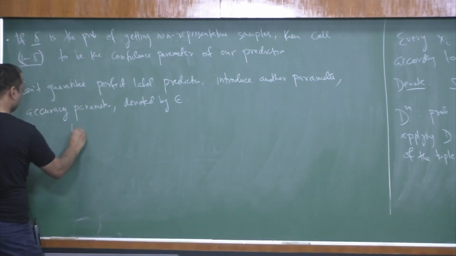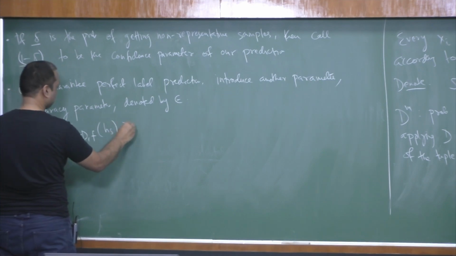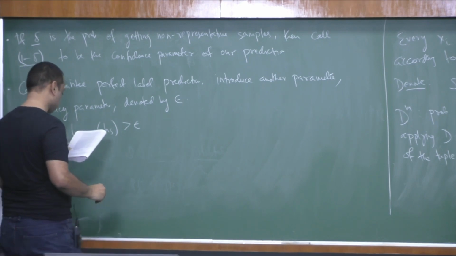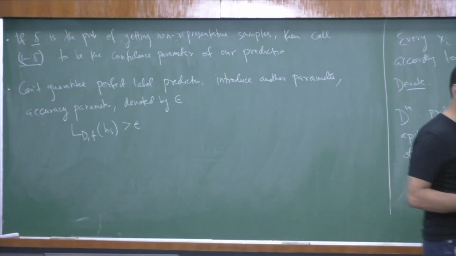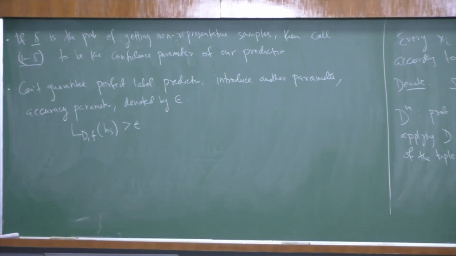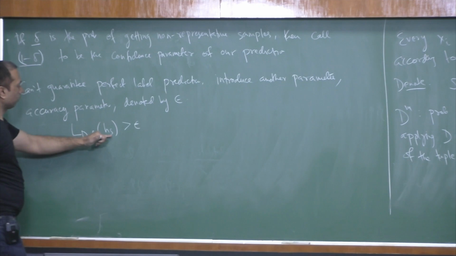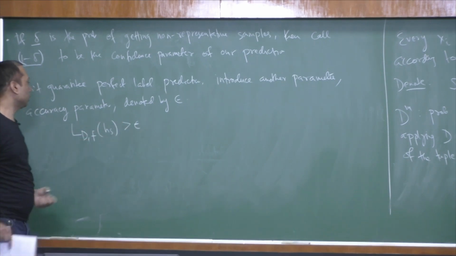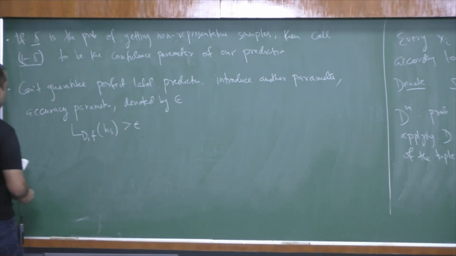We can interpret it like this: L_D,f(h_S) greater than epsilon is a failure of the learner. So you put some epsilon as your threshold up to which you will be happy with the prediction of h_S that you learn from your data. If I'm making an error greater than my threshold epsilon, I say that my model failed. If it is less than or equal to, you are happy.